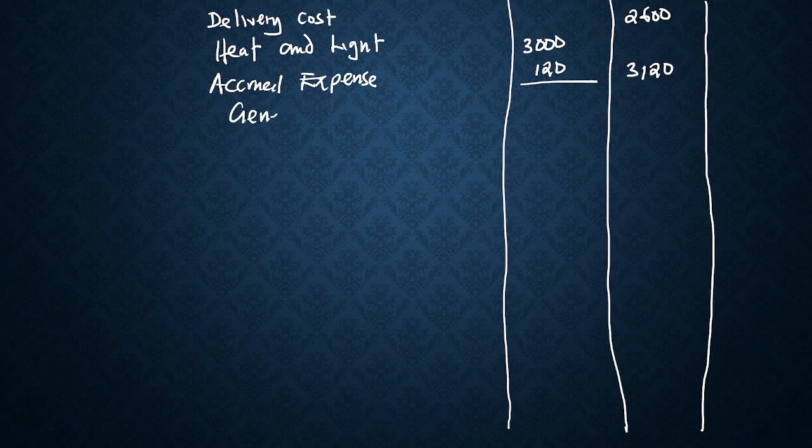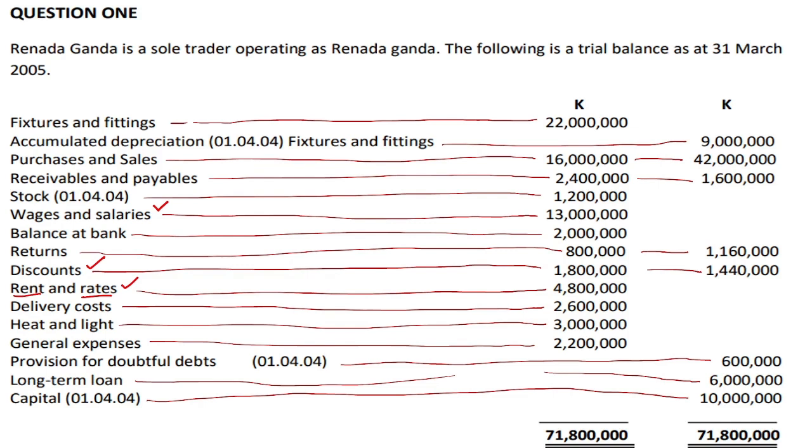Next, I think we've got the general expenses. How much are the general expenses? General expenses, we have 2,200.